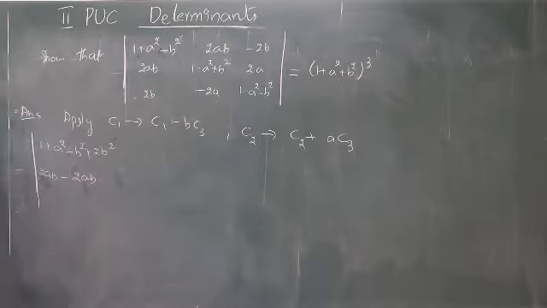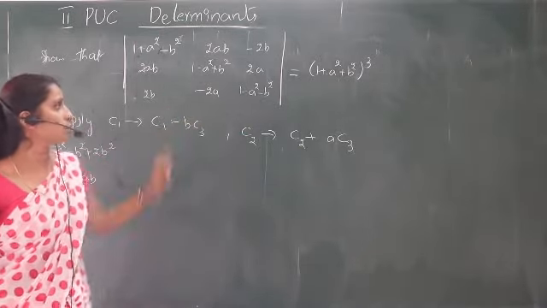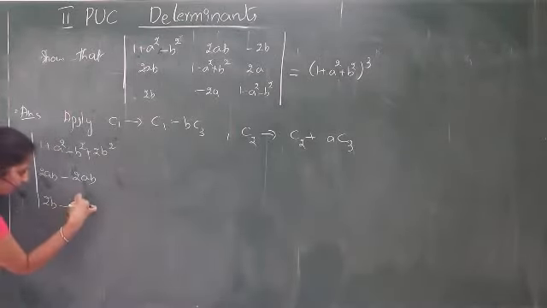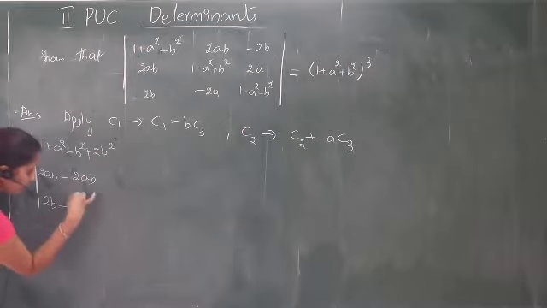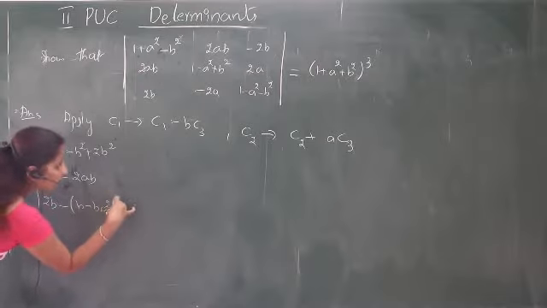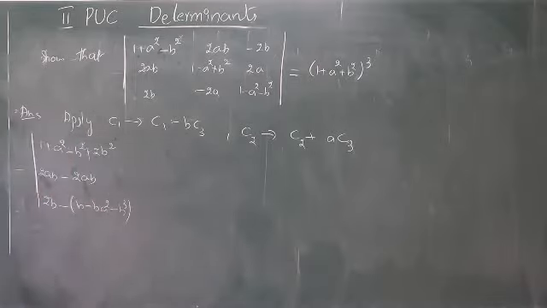Then the third one is 2B minus B into this term, so 2B minus BA square minus B cube. So 2B minus those terms I am getting now.